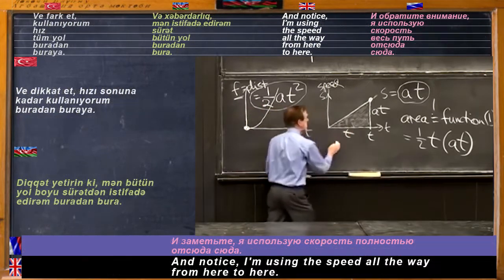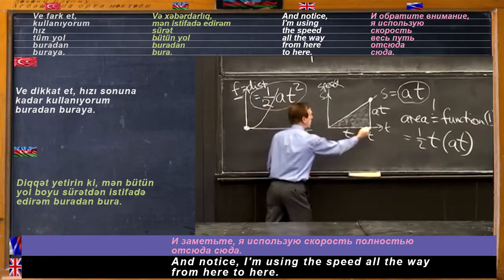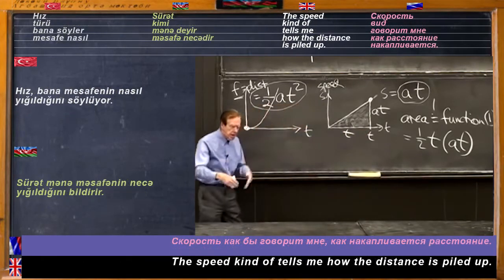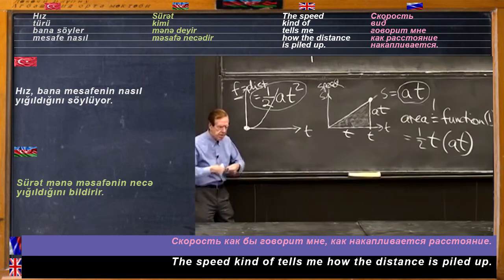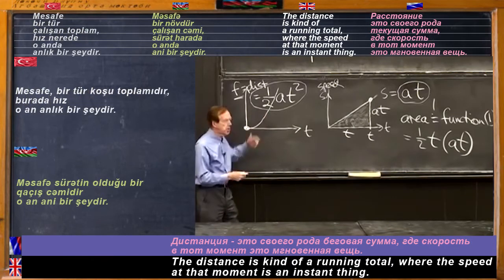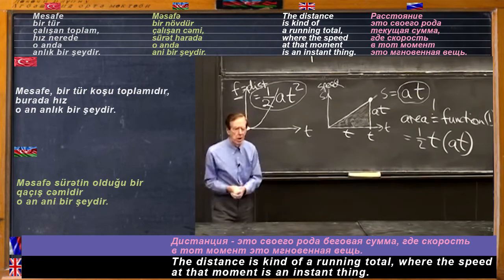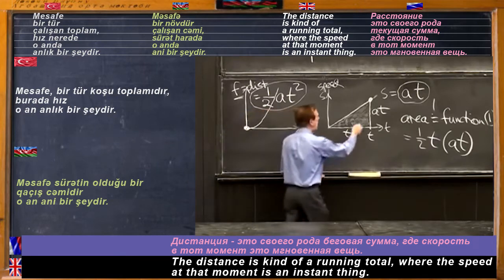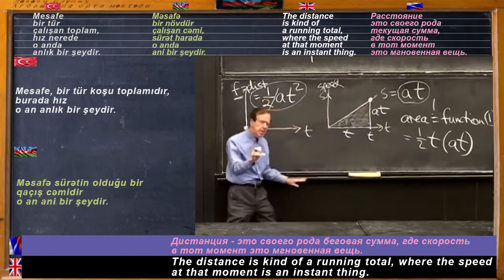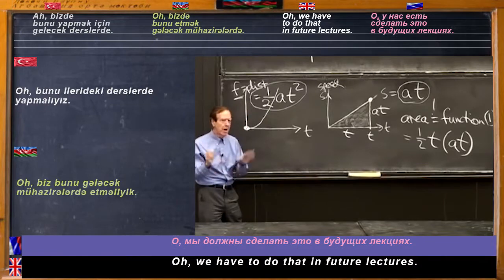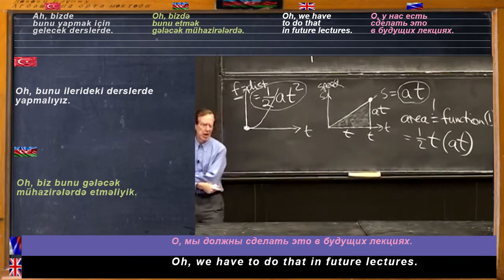And notice I'm using the speed all the way from here to here. The speed kind of tells me how the distance has piled up. The distance is kind of a running total, where the speed at that moment is an instant thing. We have to do that in future lectures.